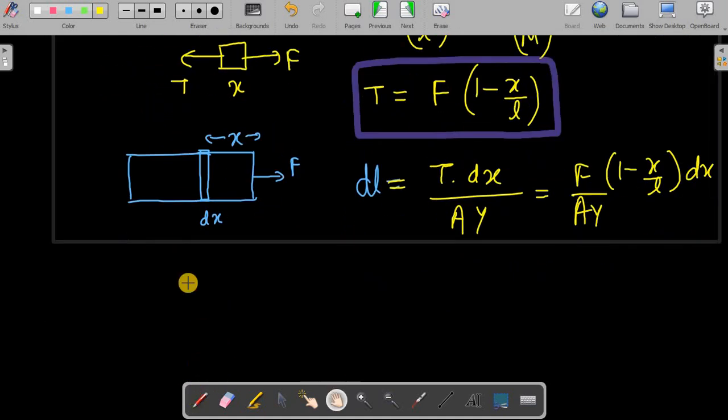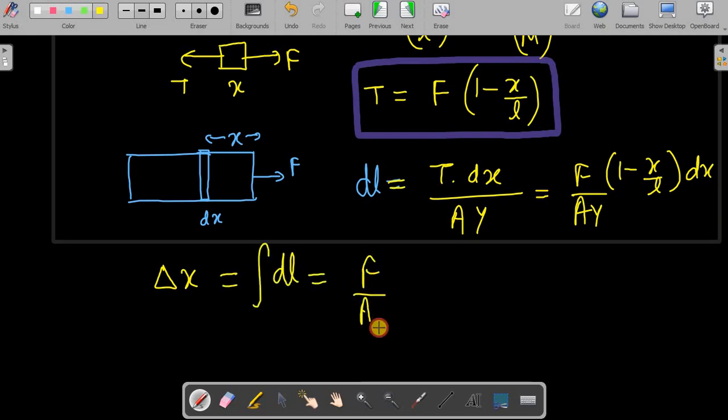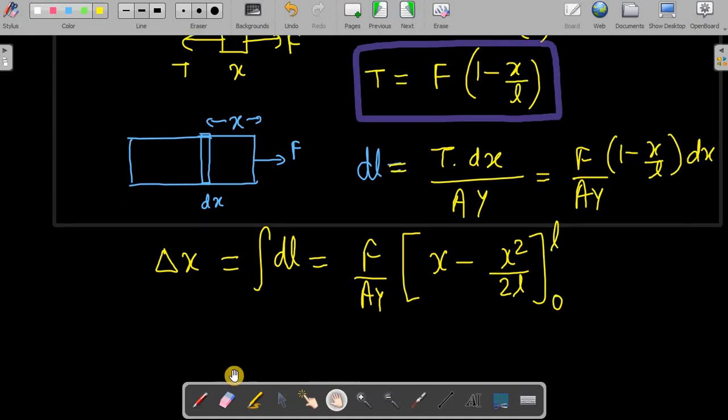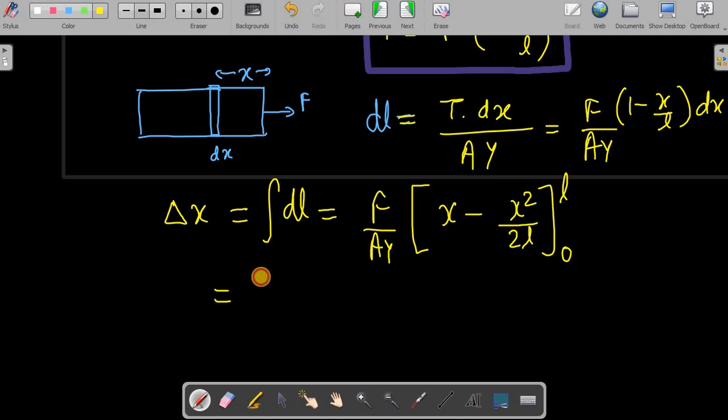Now let us do the integration. Integration of dl: F by AY comes out, integration of 1 becomes x, integration of x becomes x squared by 2, right? Then this is going from 0 to L. Let us calculate that.